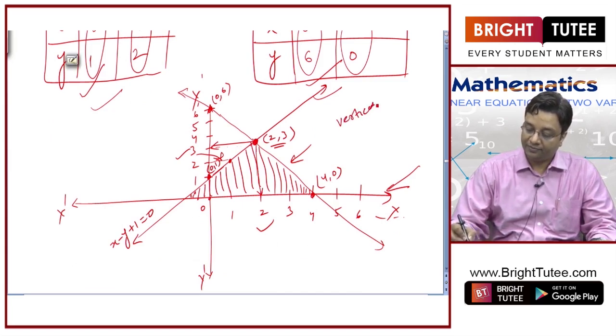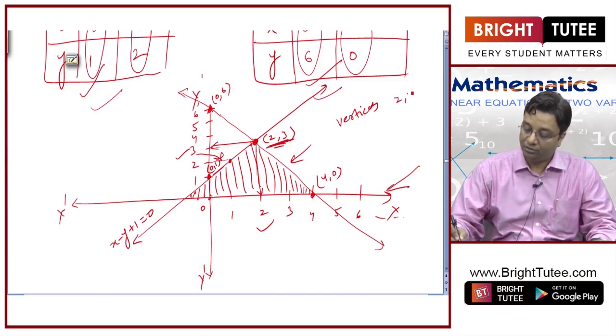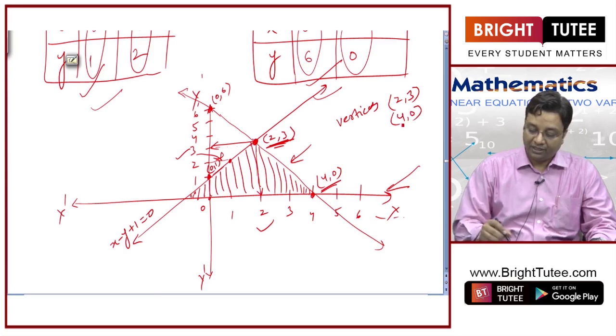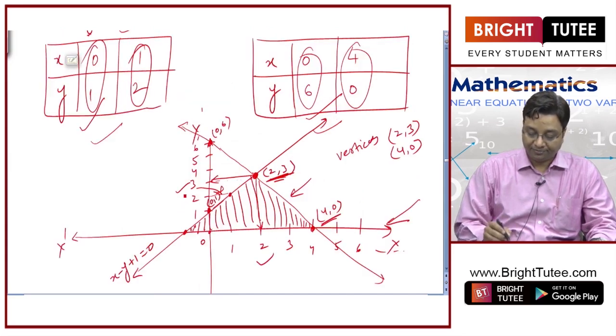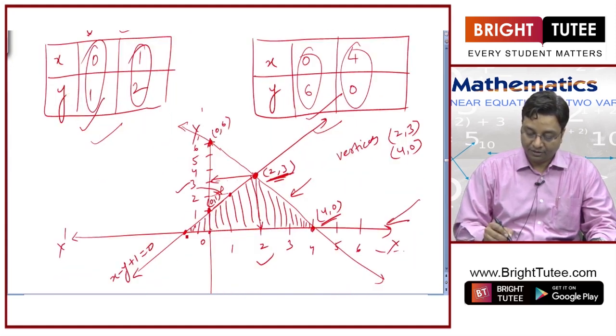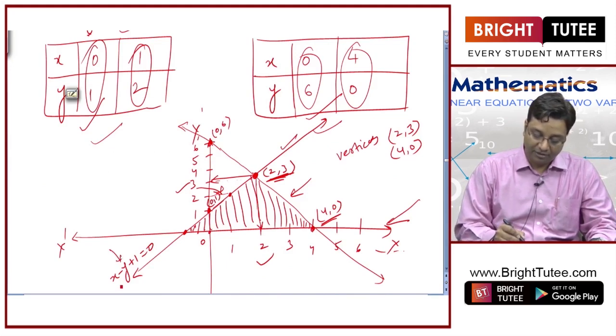and the vertices are, one of the vertices is this 2, 3. One vertex is 4, 0. This vertex will be where y is 0, right? When y is 0, what will be the value of x? For this line, when y is 0, x will be equal to -1.